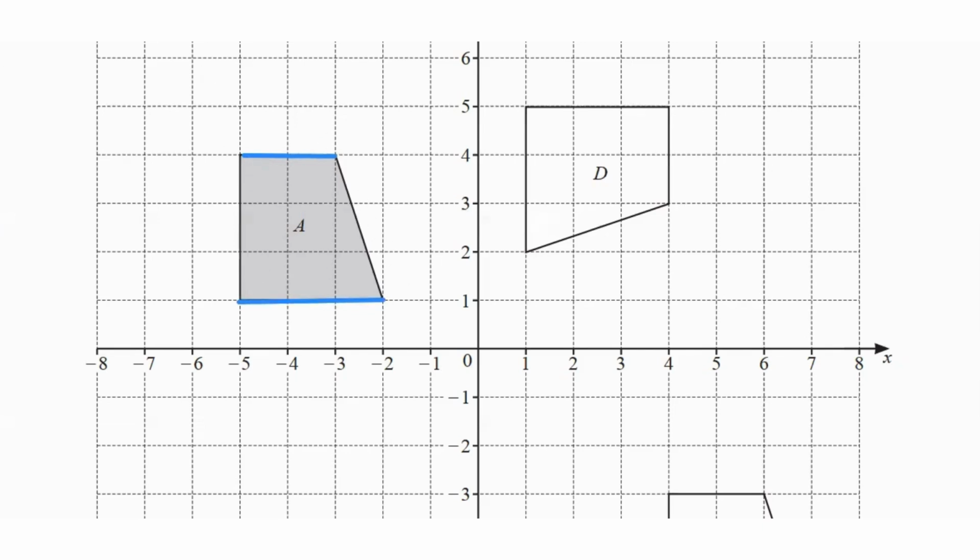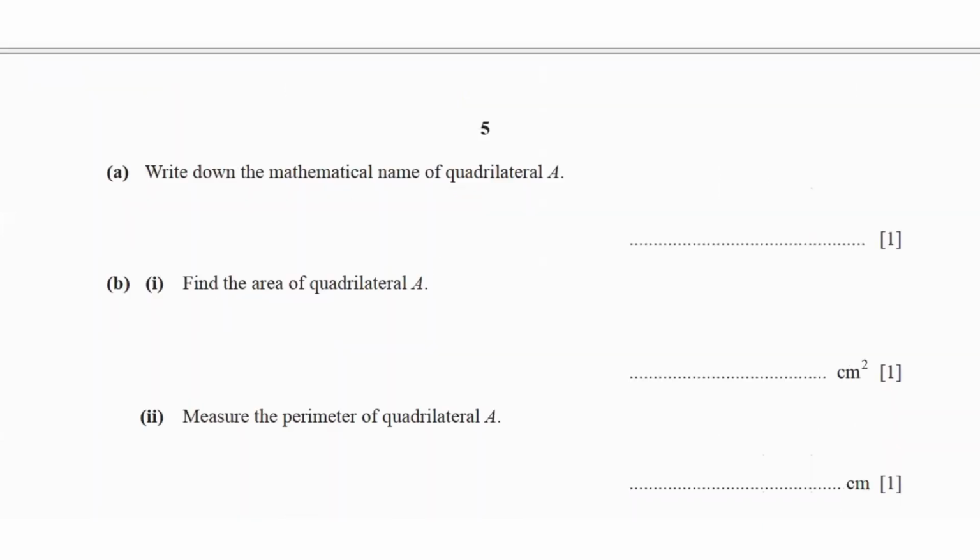So in a shape, if we have 2 parallel sides, that means it's a trapezium. In case there were 2 sets of parallel sides, then it's a parallelogram, a square or a rectangle, depending on how it looks.